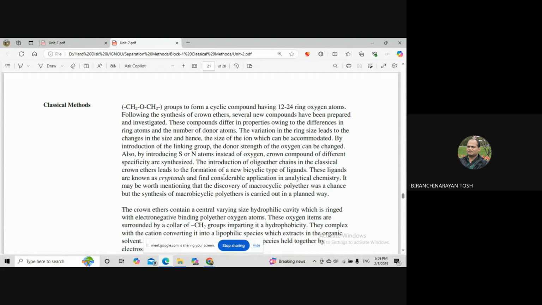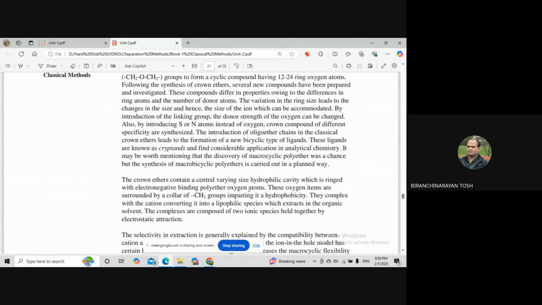So if the size of the ring increases, then the cavity increases, which is ringed by electronegative polyether oxygen atoms. The oxygen atoms are surrounded by a shell of CH2, methylene groups, imparting the lipophilicity. So oxygen gives hydrophilicity, CH2 or methylene gives lipophilicity.